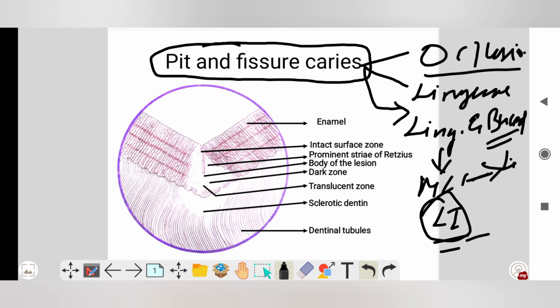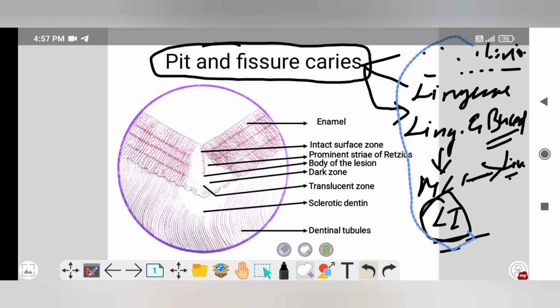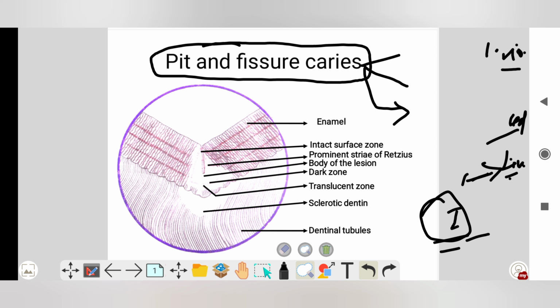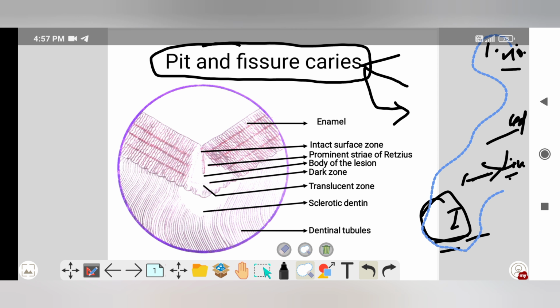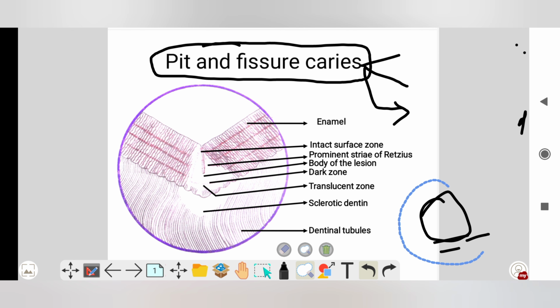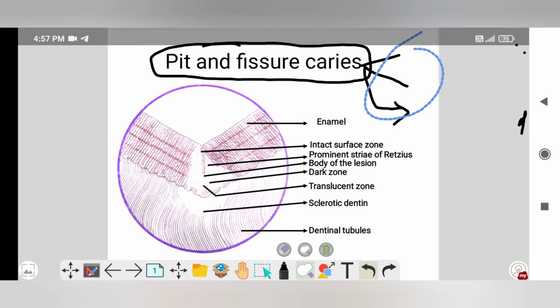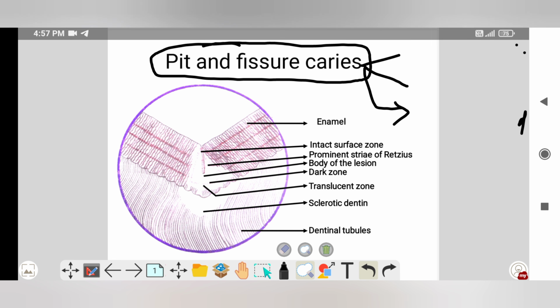So in that condition you can also see pit and fissure caries. This is about the location of the pit and fissure caries.